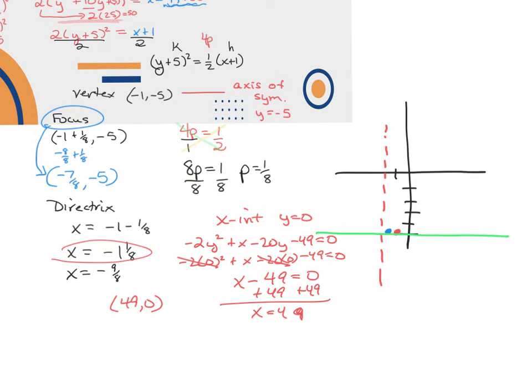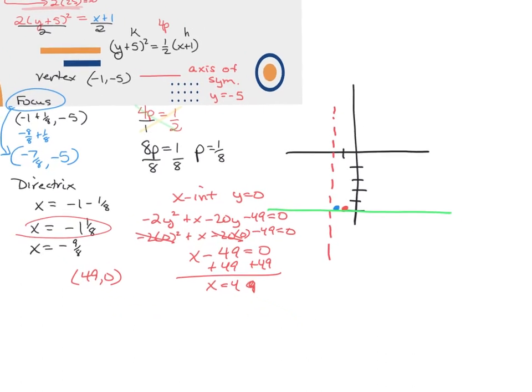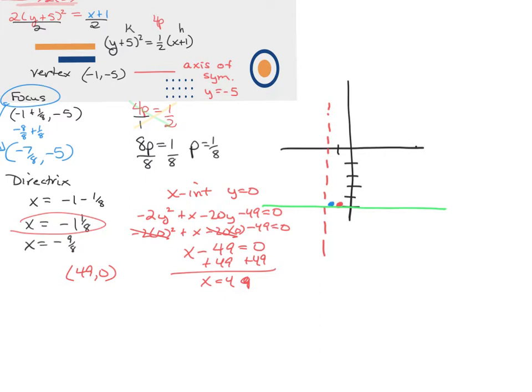So let's say that my x-intercept is way down here. Let's say this is 49, 0. So your parabola would go out like this. And then over here, you could go the same number of spaces away. So I could go 6, 7, 8, 9, 10.